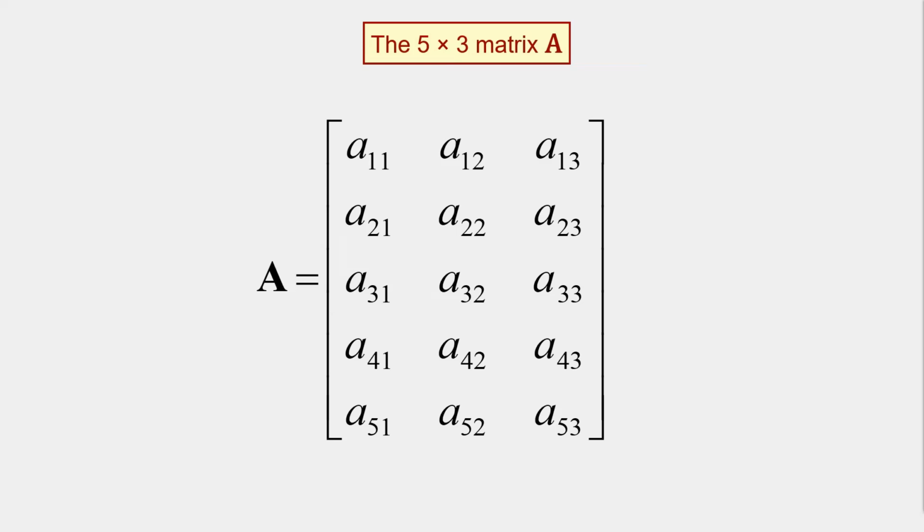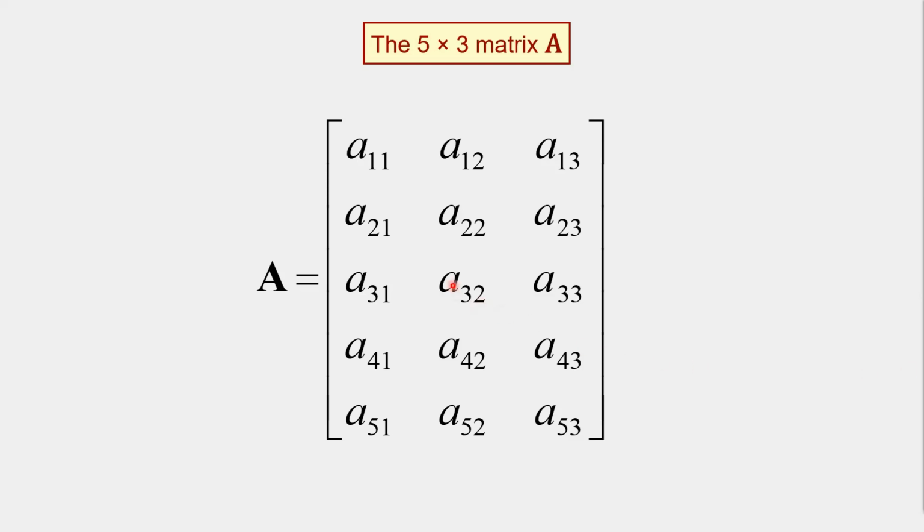Now let's turn our attention to matrices. Matrices are also containers full of numbers, but they're 2-dimensional, and sometimes more, but mostly 2-dimensional containers full of numbers. A 5 by 3 matrix has 5 rows and 3 columns.